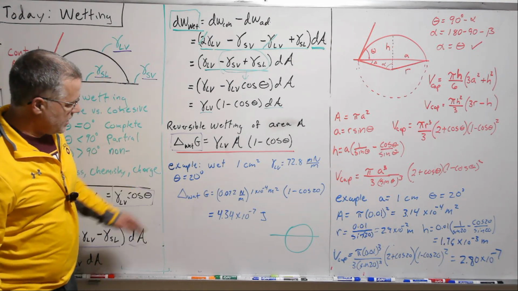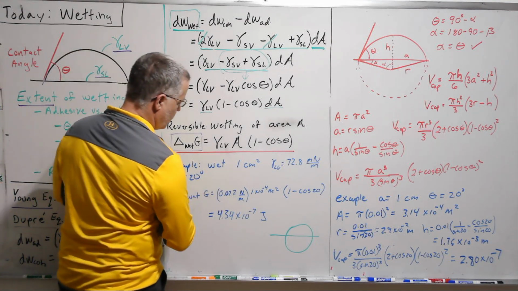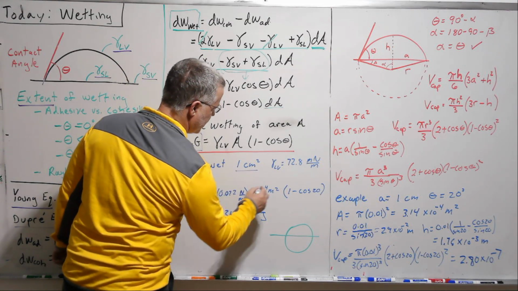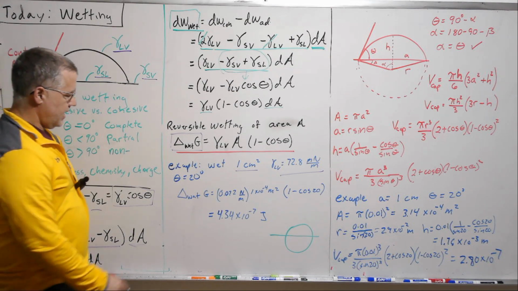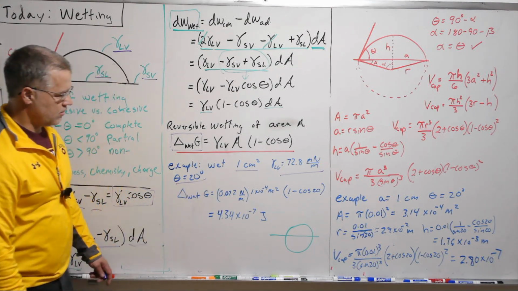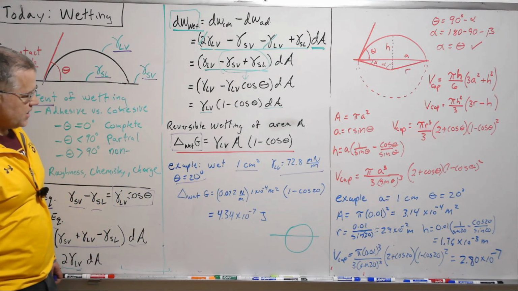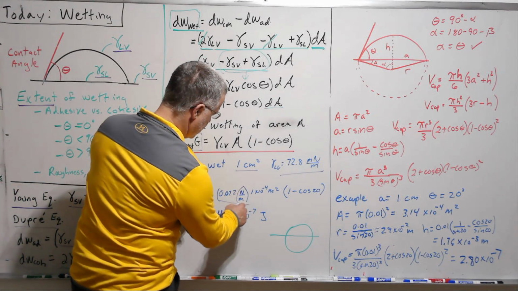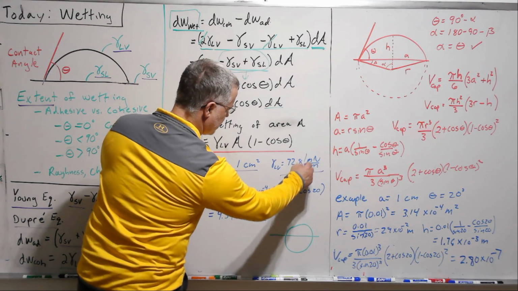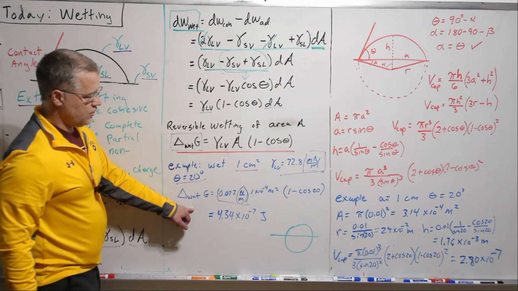Okay, so let's do an easy example. Let's say we want to wet a 1 square centimeter surface. This is a typical value for water and a typical contact angle for water on a particular surface. So just plug our numbers in. In SI units, we're in newtons per meter.